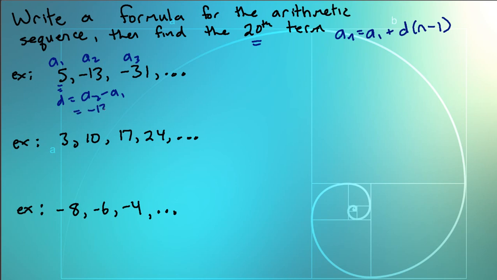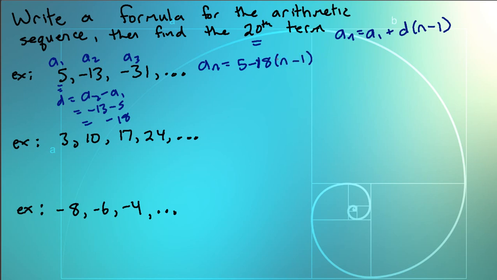So we have negative 13 minus 5, and I get negative 18. So I'm subtracting 18 each time. So that's enough to actually write the formula. So A_n equals 5 plus, now I'm actually going to write a minus here because a plus minus, so minus 18 times (n minus 1).